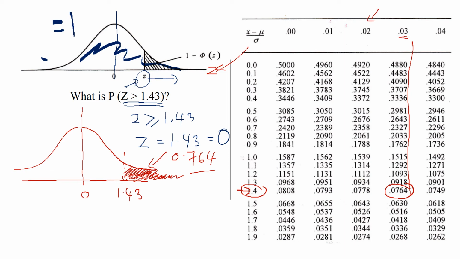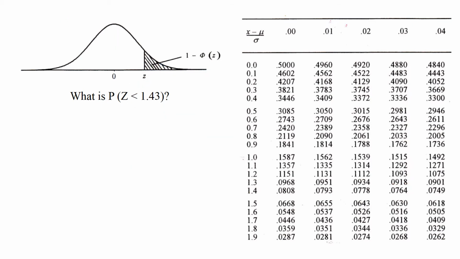Oh, sorry, not 0.764, 0.0764. I'm sorry for making a mistake here. We already know that P(Z more than 1.43) is equal to 0.0764.